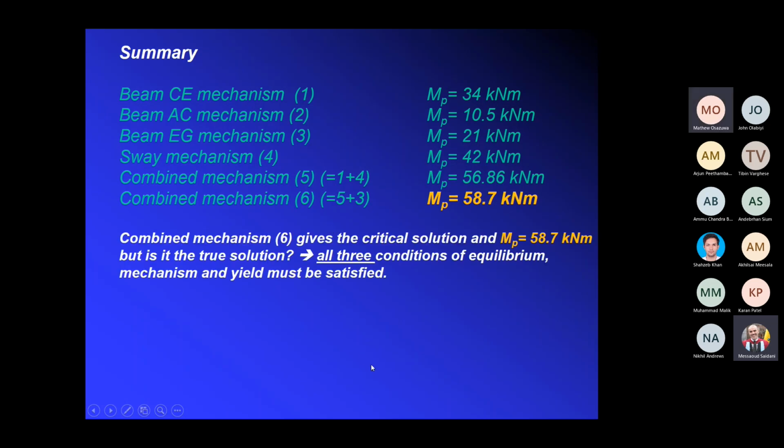Okay. So yes. Why is combination 6 the critical? I thought it's supposed to be the least. The least for the loading. Okay.